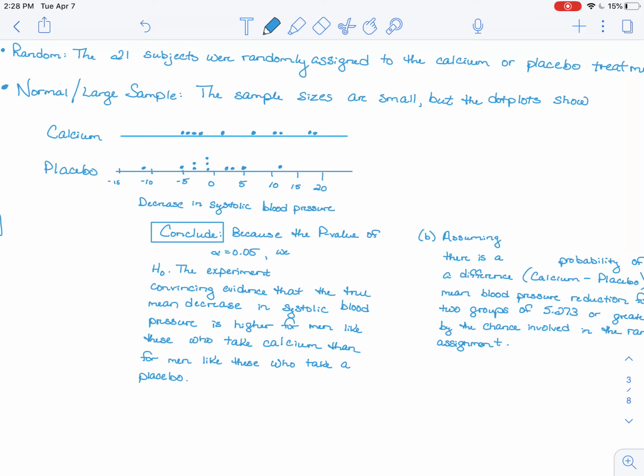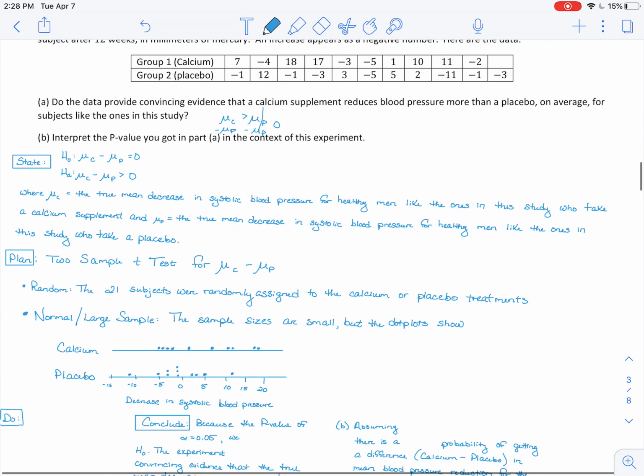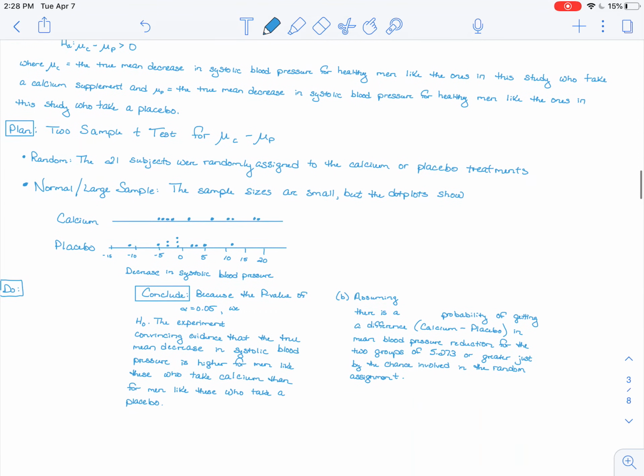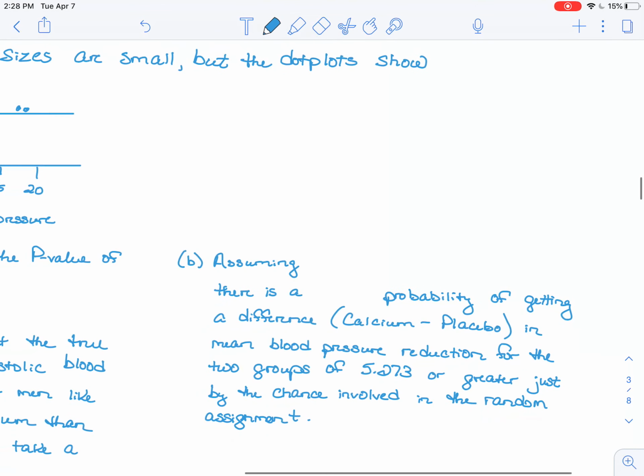I don't need to check the 10% condition because these guys weren't drawn out of the population, so I'm just skipping that. And the normal/large sample, those are not large samples. 10 and 11 are not more than 30. I don't know the shape of the population distribution, so instead I sketched the data. So I took the sample data that was given to me and I put them on dot plots. By looking at them, again, I'm looking to see if it's plausible these came from a normal distribution.